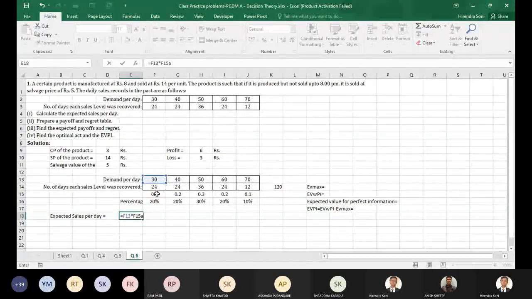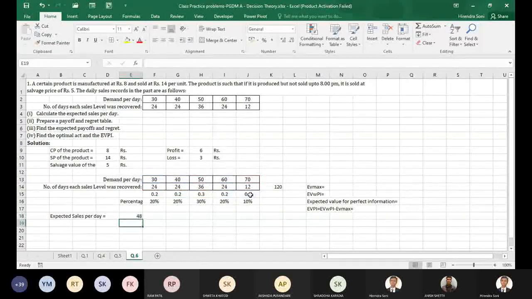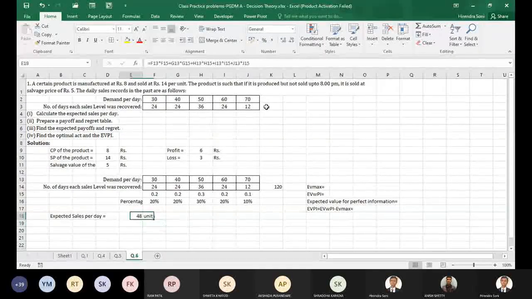Plus 40 units per day into its probability plus 50 units per day into its probability plus 60 units per day into its probability plus 70 units per day into its probability will give you expected sales per day. Clear? Yes, sir. So ये आपका first part हो गया.